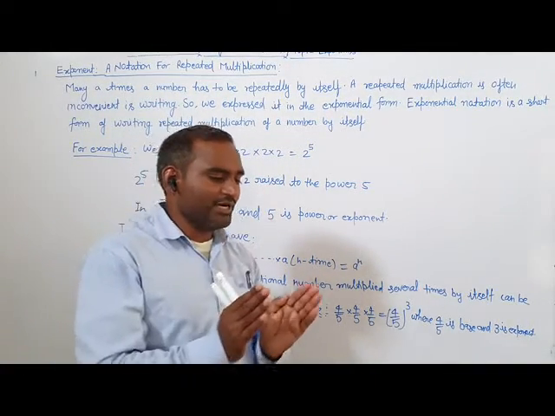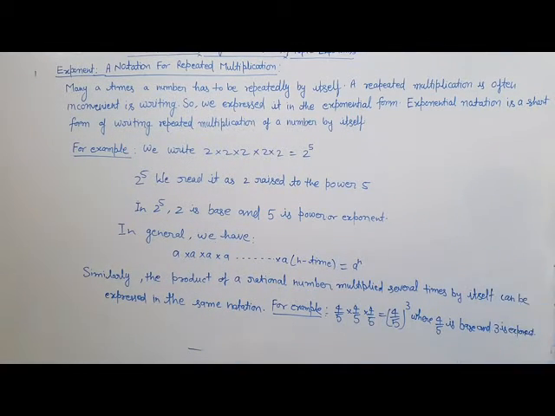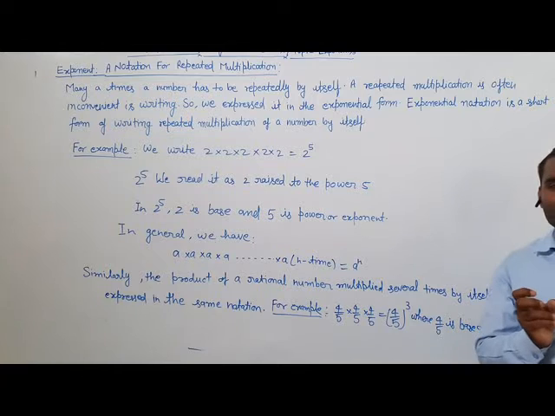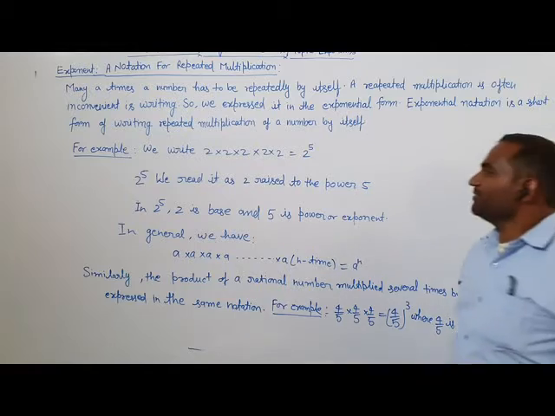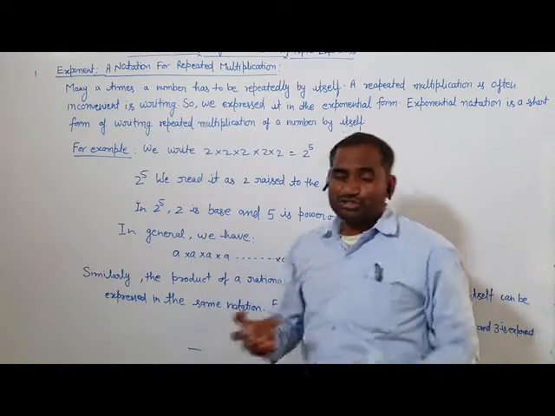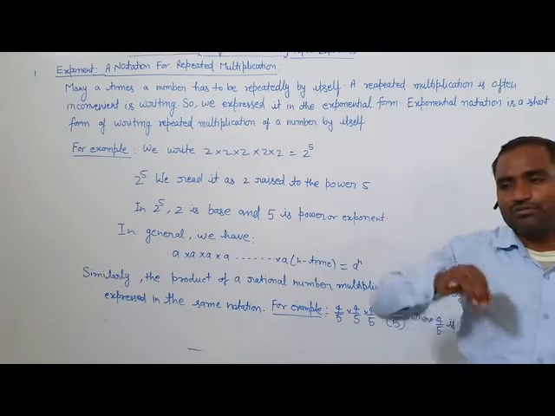When any number is repeated in the form of multiplication, the short form to write this repeated multiplication is called exponential notation.